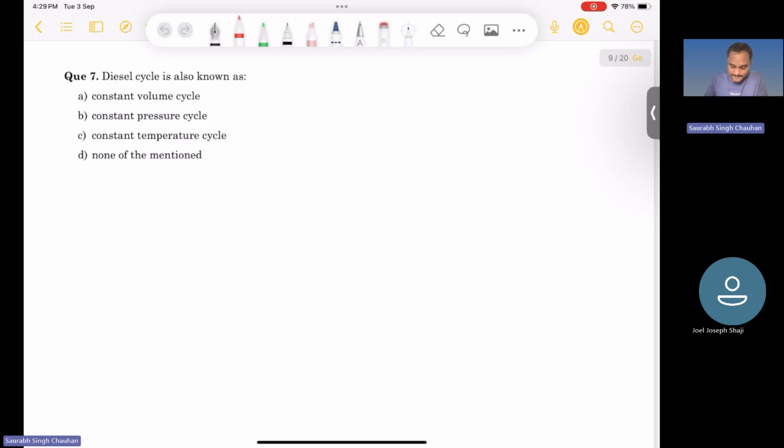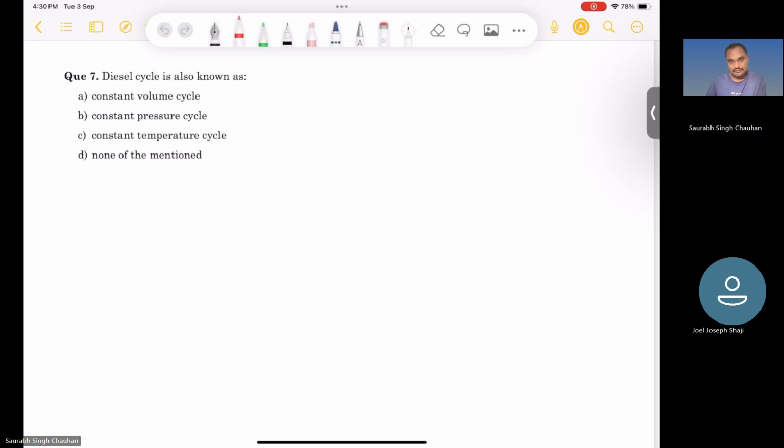Question number 7. It says the diesel cycle is also known as, again 4 parts. Part A says constant volume cycle, constant pressure cycle, constant temperature cycle, or none of the above. If you know the PV diagram of the diesel cycle, then you can easily answer this question.